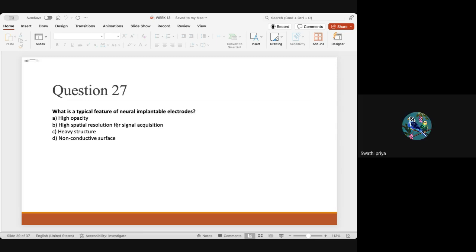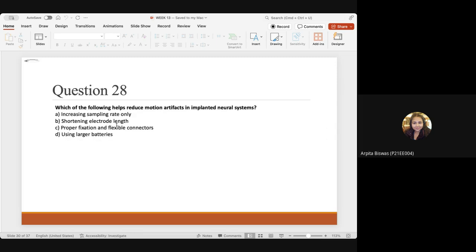Option B, ma'am. Yes, option B is the right option. High spatial resolution for signal acquisition.